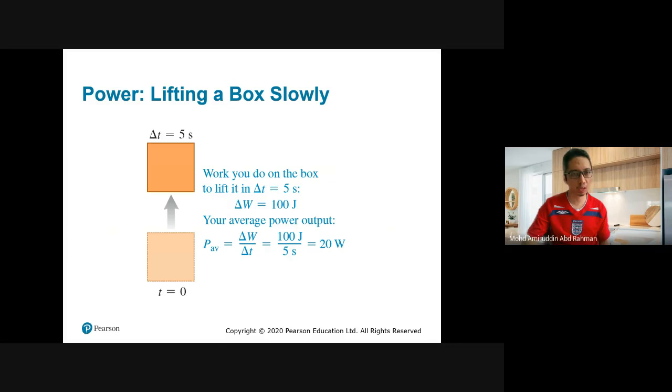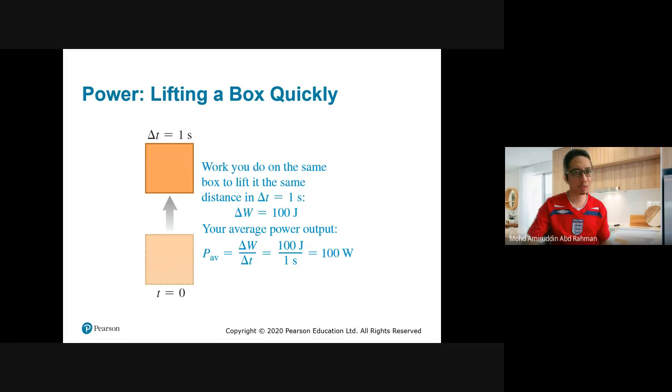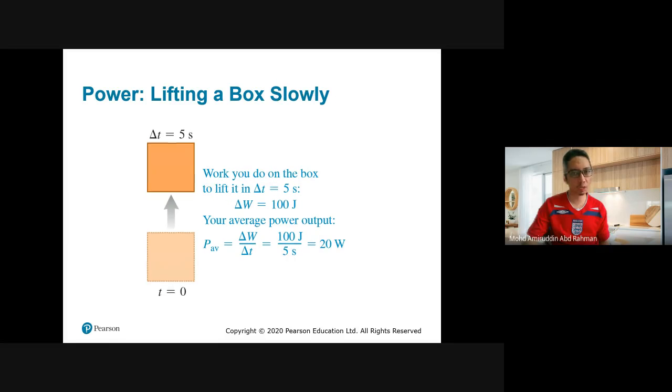So we have delta W equals 100 joule. So the average power is delta W over delta T, which is 100 over 5, which is 20 watt.